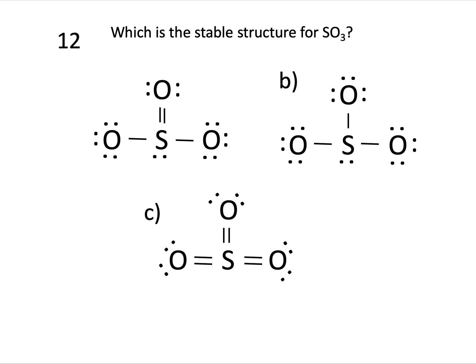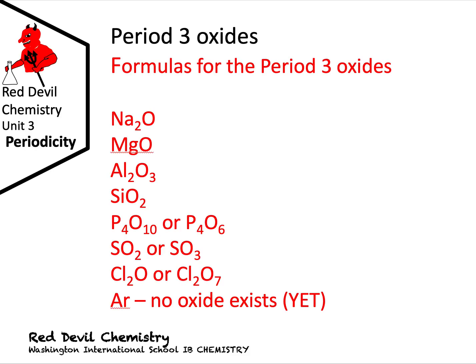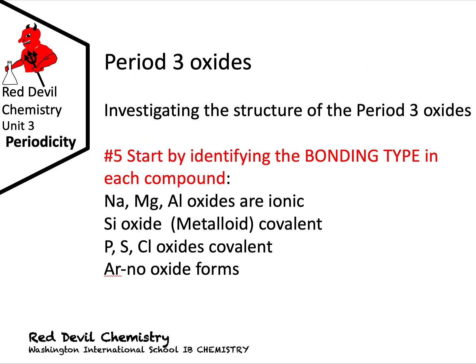And then following on from this, just a couple of other slides, which is going to be the stable structure for sulfur trioxide. This has the lone pairs, so a complete Lewis diagram here. And see if you can remember that. And then giving the formulas which we've been using subsequently from asking you that question, but check your formulas.